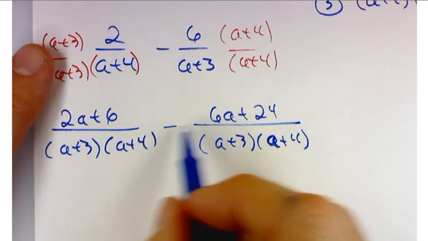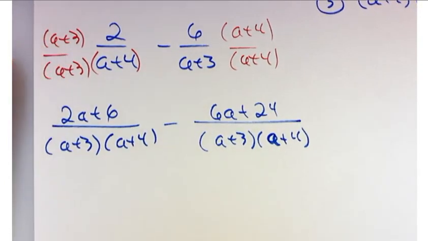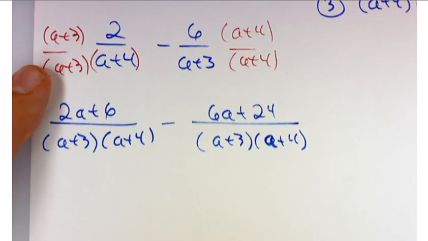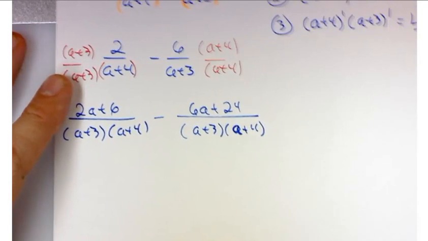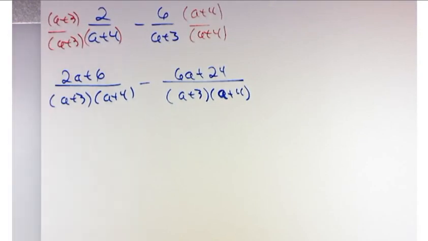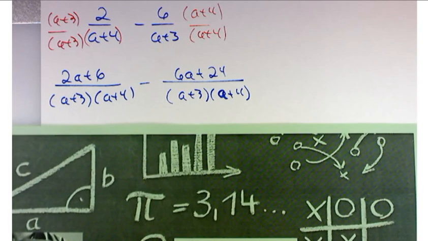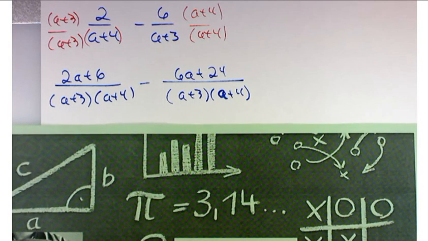Try and distribute that negative carefully. See if you can't simplify this a little bit. See what you come up with. So, give you a chance to work on that. Distribute that negative, collect like terms, etc. See if there's any more cancellation you can do with the denominator.